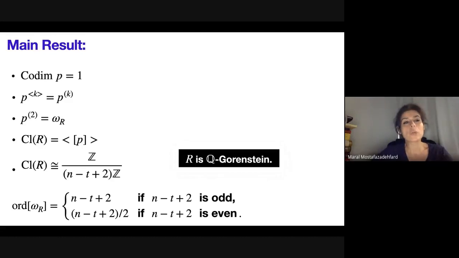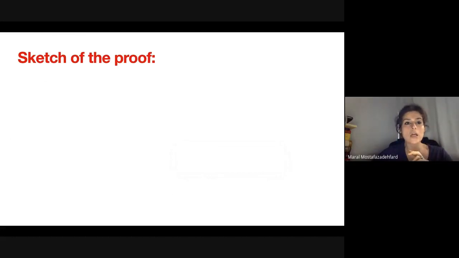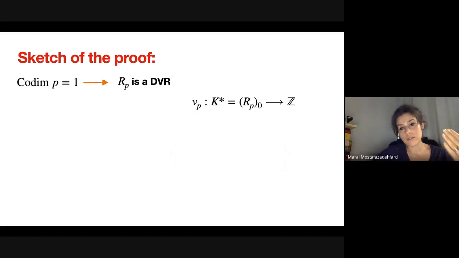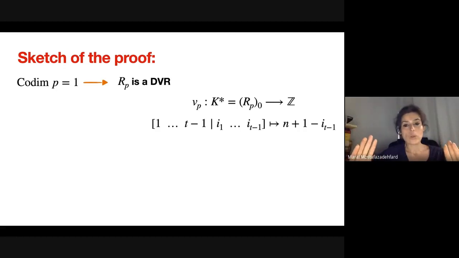If we want to review the approach of the proof, the ingredients of the proof, let me tell you some ideas. We started from the codimension 1 prime ideal P, and we considered the discrete valuation ring of R localized at P, with the valuation coming from the fraction field of R localized at P to Z, defined over all minors by row indices 1 to t minus 1 and column indices i1 to i(t minus 1).